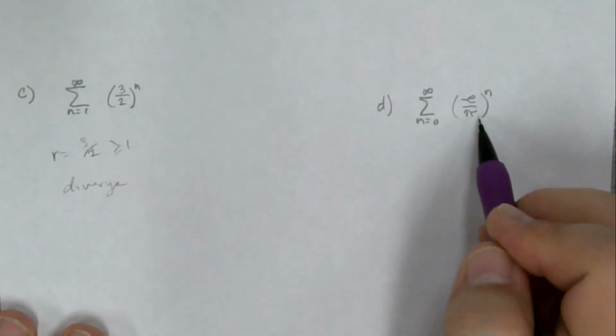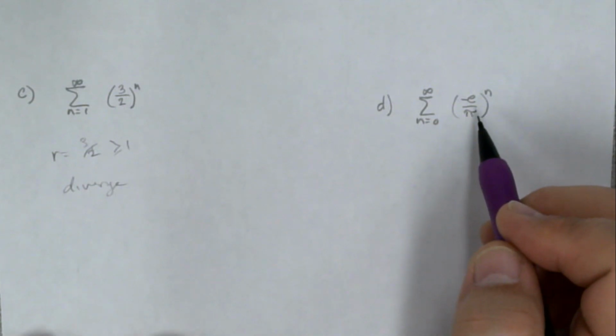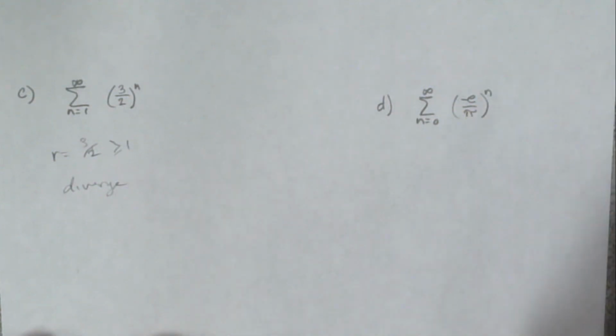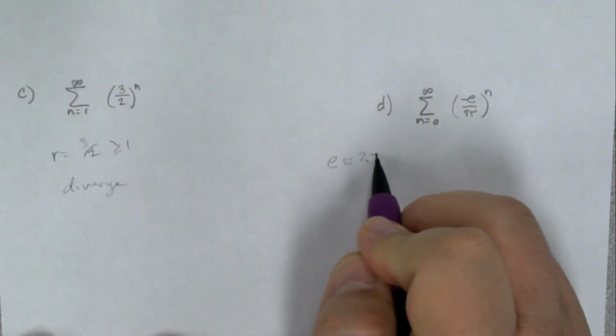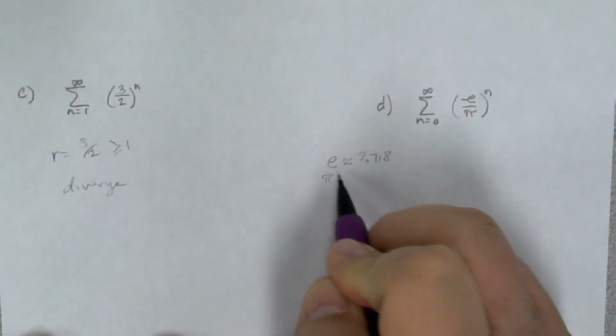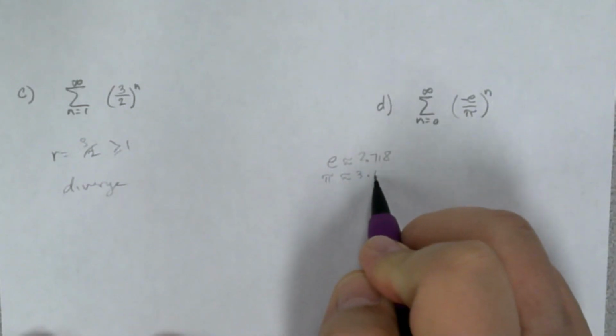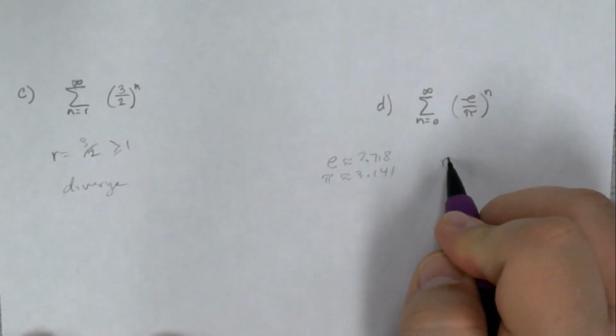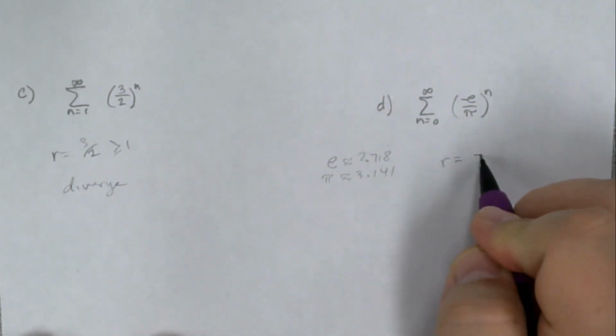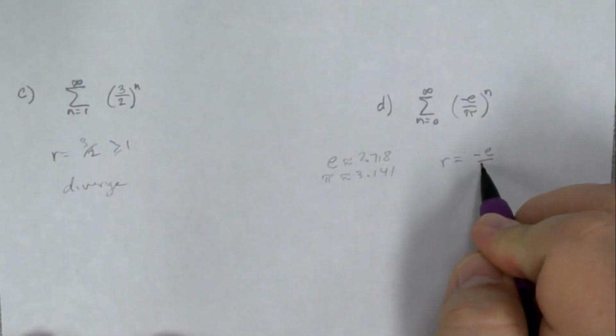All right, now here's a weird looking one. Let's take a look at this. Let's play along with some of these things. So I know that e is approximately 2.718. I know that pi is approximately 3.141. So what is r? What is negative e over pi?